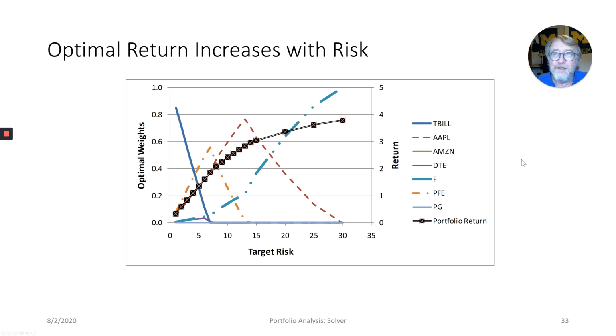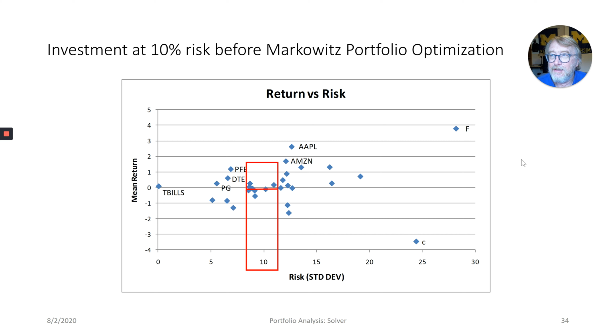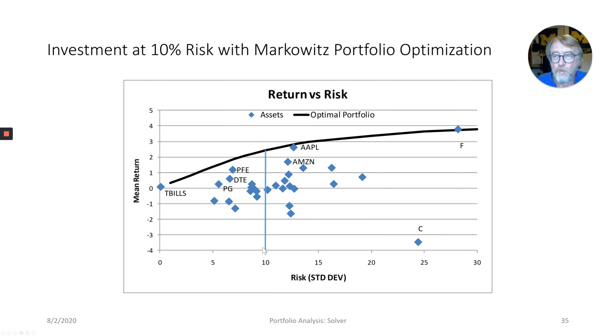Way cool. And then you can take a look at, okay, before Markowitz portfolio optimization, he did his work, I know, back in the 50s, like 57 or something like that. You would just look at, well, 10%, we'll just invest in these stocks, we'll get about a 0% return. But after Markowitz, here's where you'd be, right?